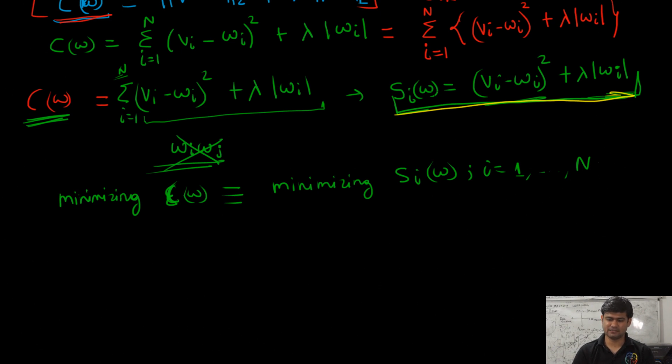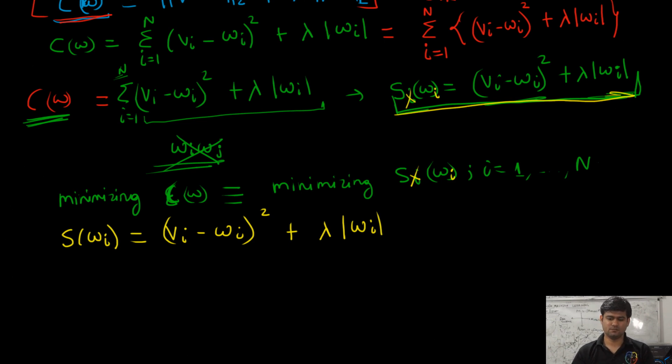We can just write it as S of Wi, or remove the subscript i, to show that this is a scalar function. It takes a scalar input and returns a scalar as output. So now we will minimize the function S of Wi, which is equal to Vi minus Wi squared plus lambda times absolute value of Wi.